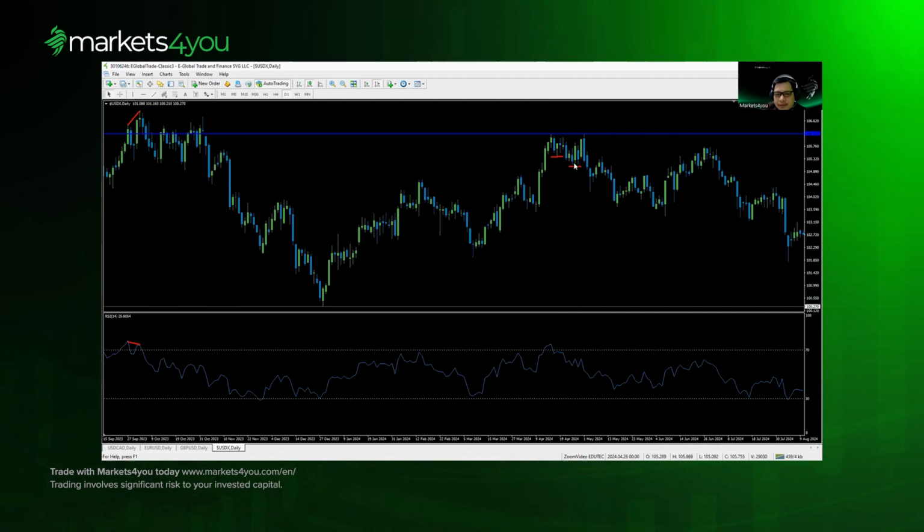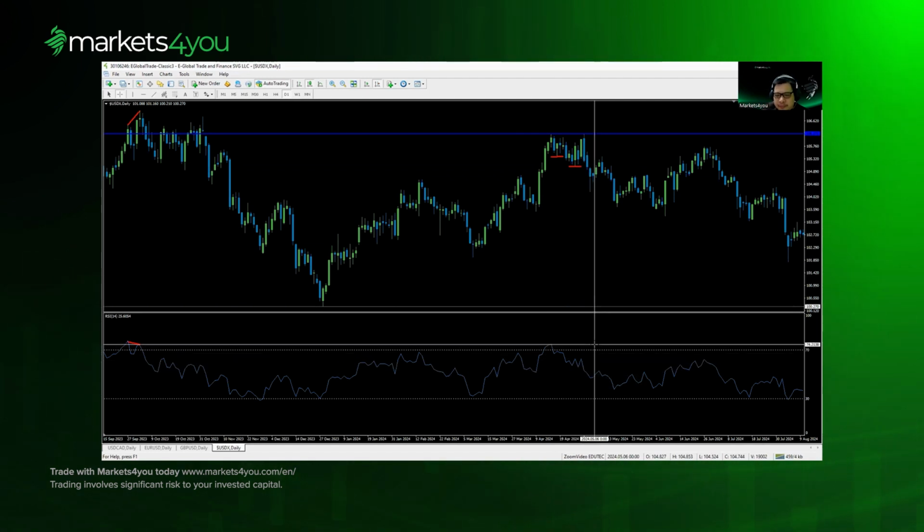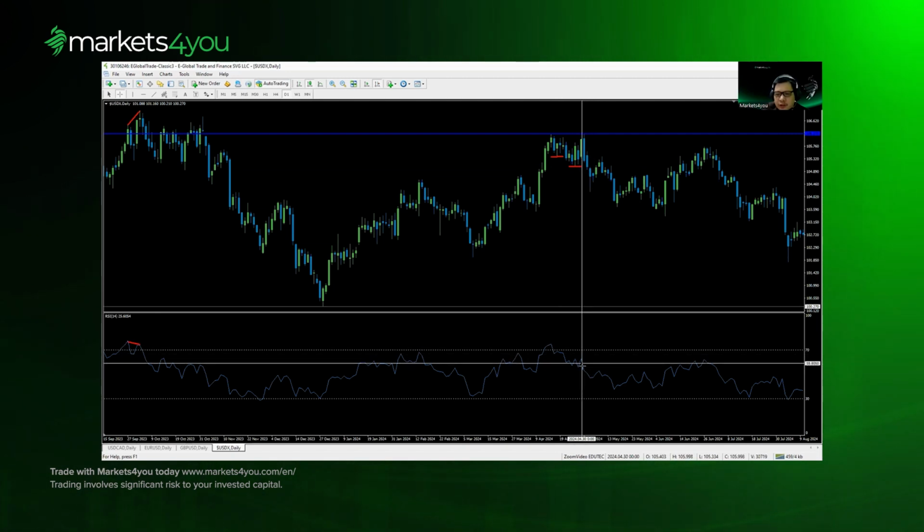It's rejected and it goes back higher, and it reached the same price, and then it goes lower. It breaks this low with the previous low. When it reaches higher, in this particular sample, the RSI is not moving above the 70 level, so it continues lower.